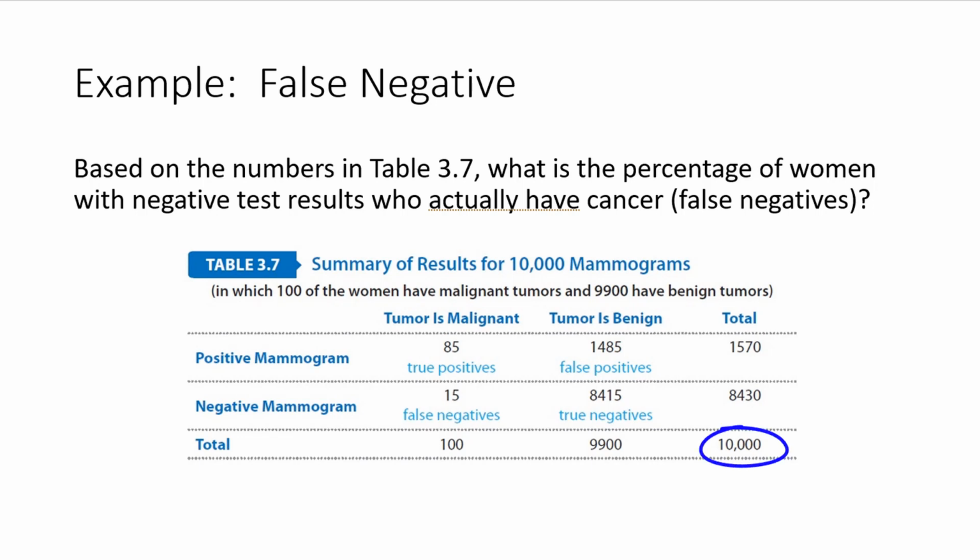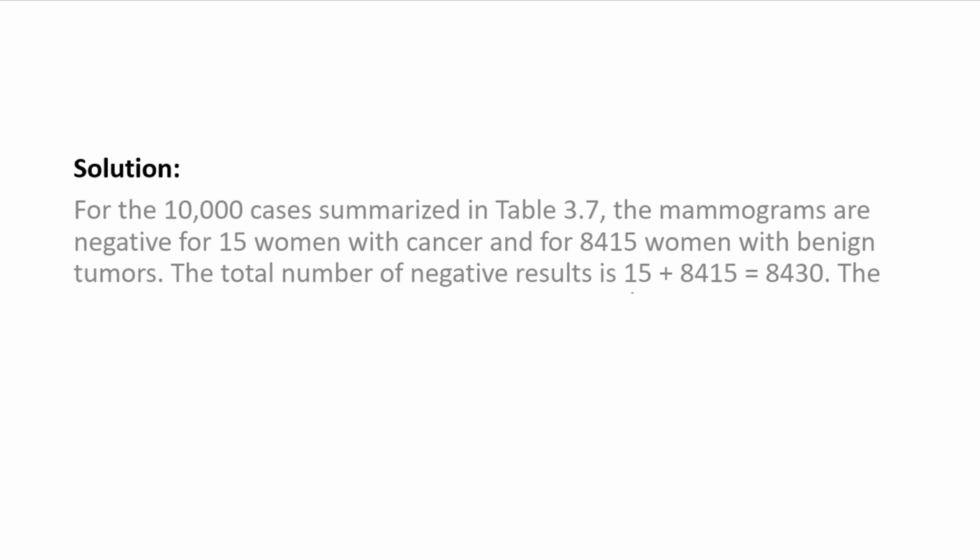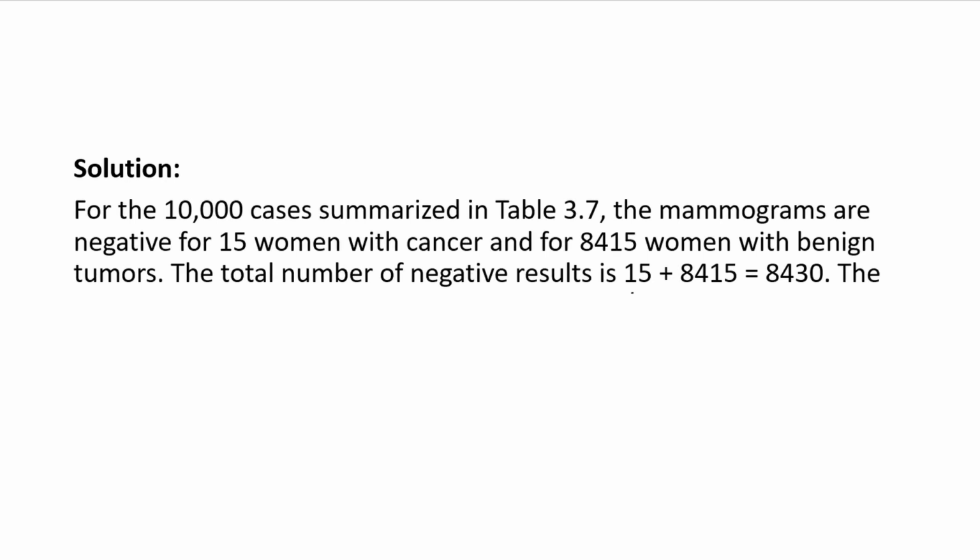Now that we've looked at the table, let's analyze the results. Solution. For the 10,000 cases summarized in Table 3.7, the mammograms are negative for 15 women with cancer and for 8,415 women with benign tumors. The total number of negatives is 15 plus 8,415, or 8,430.